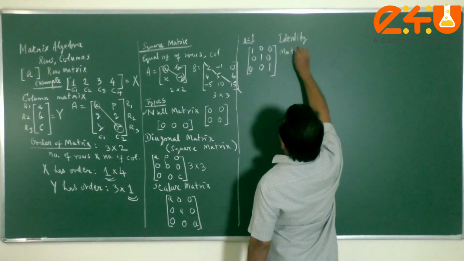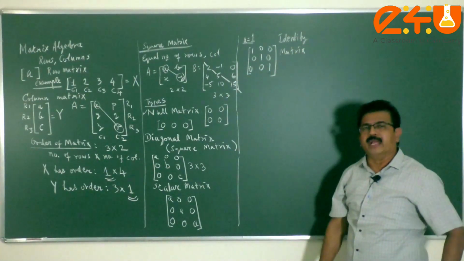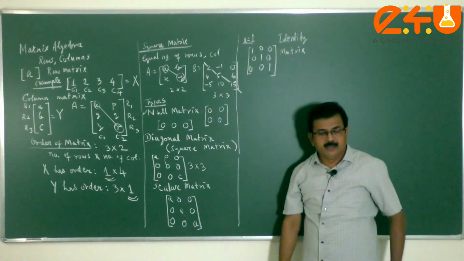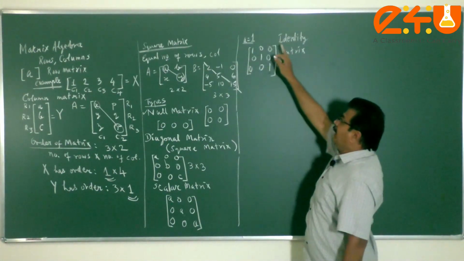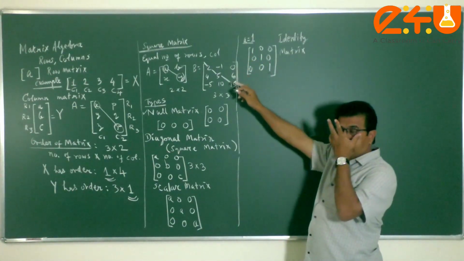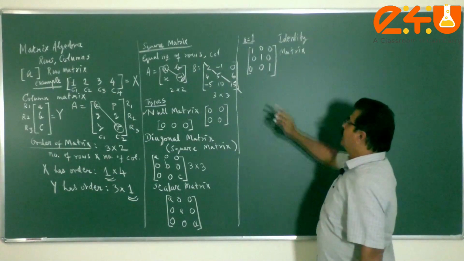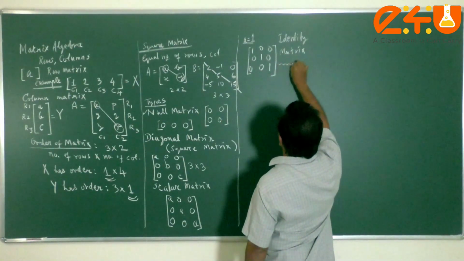So this matrix, which is of order 3 by 3, is made of all entries 0s except the diagonal elements, which are made of 1s. This matrix is named the identity matrix.